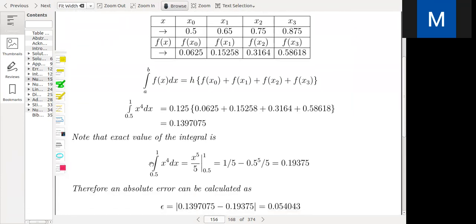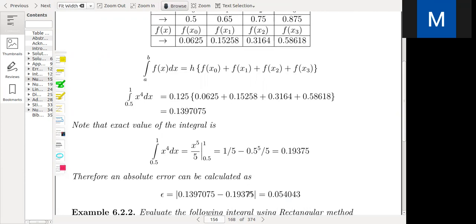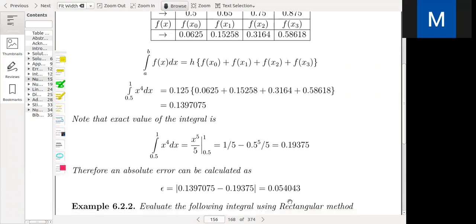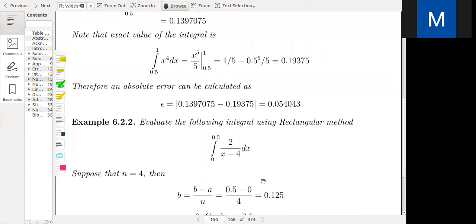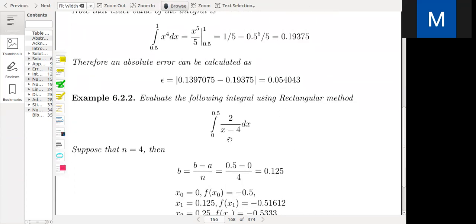Note that the exact value of the integral is 0.521, which is the analytical value. So the error can be calculated as the exact value minus the approximated value, which is 0.054043.